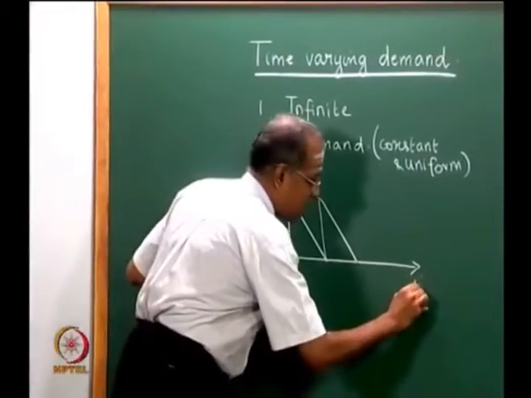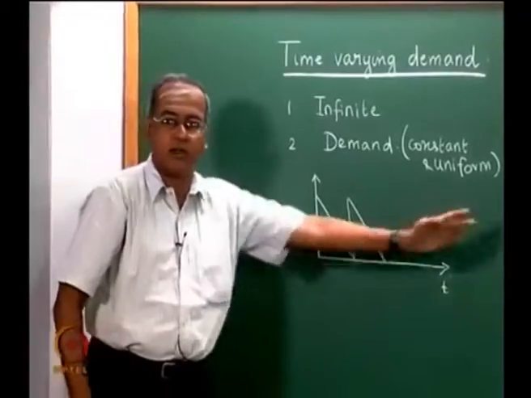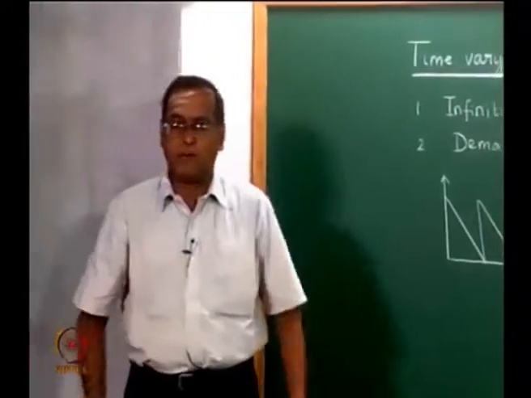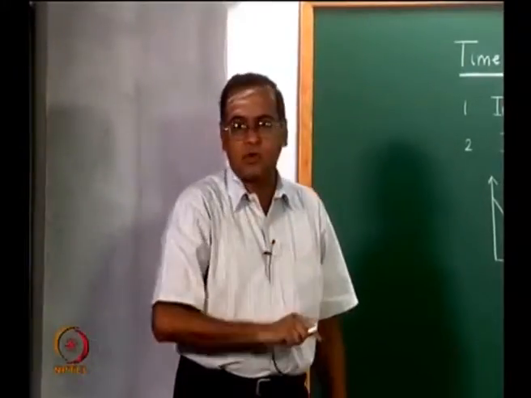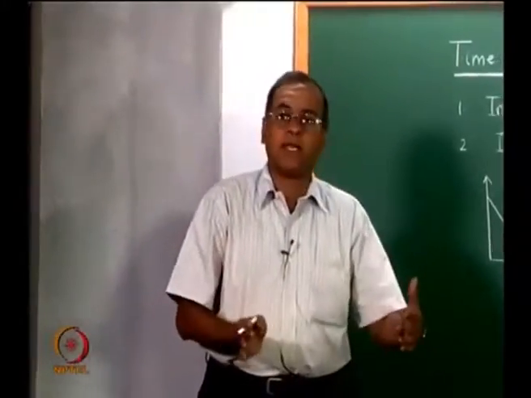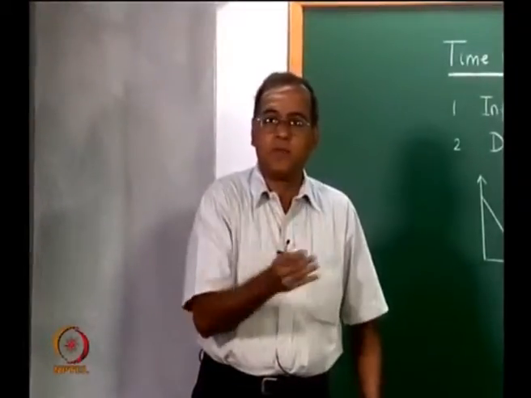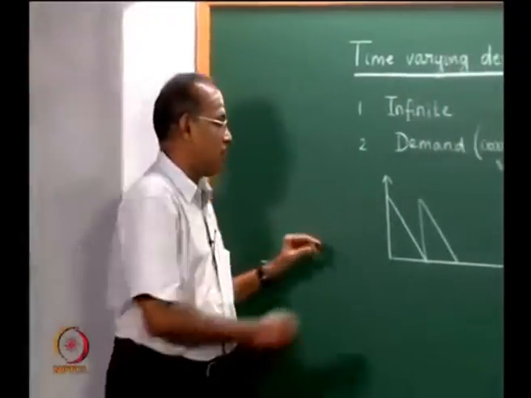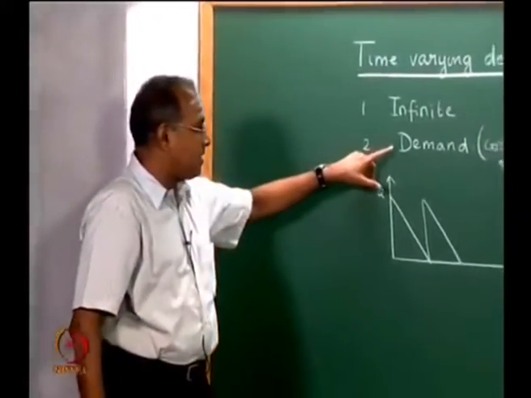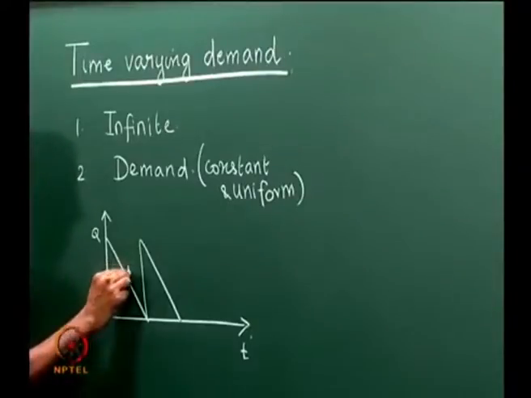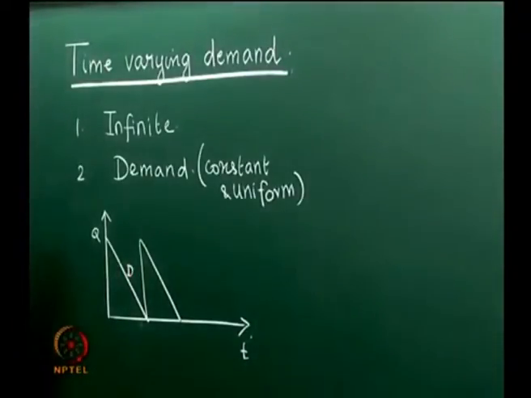Now in this we assume that this is going to go on forever and we are planning for an infinite period, and because of that, to evaluate the total cost we take a certain fixed period like a year, and then we try and optimize the value of Q for which the total cost is minimized. The other important assumption is that the demand D, which is the rate at which the inventory is falling, is the same at every period. More importantly, it is the same at every instance.